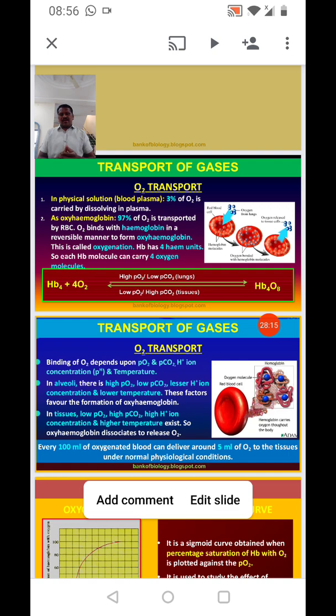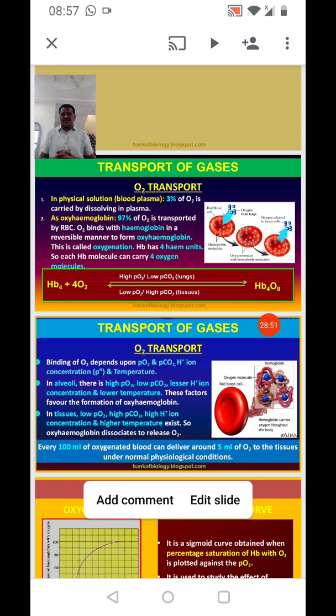Okay, and one more thing. That means 75% of oxygen always remains present in the blood by combining with the hemoglobin. Understood? And this 75% of oxygen, which always remains in the blood, is useful to survive 4 to 5 minutes when our breathing is interrupted or whenever our heart stops functioning.